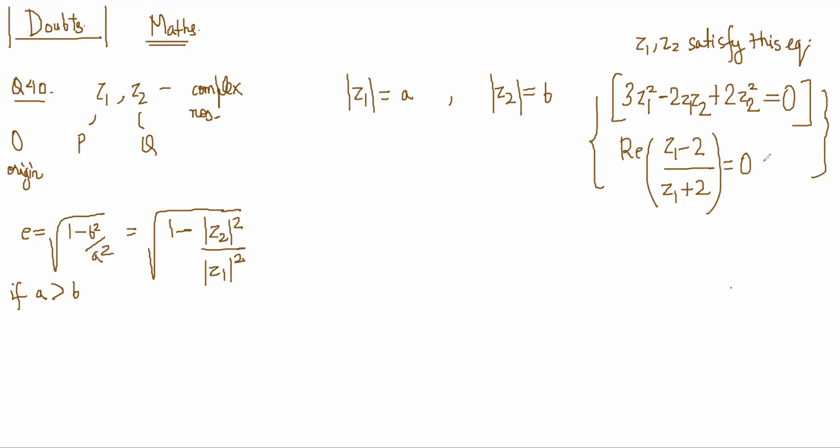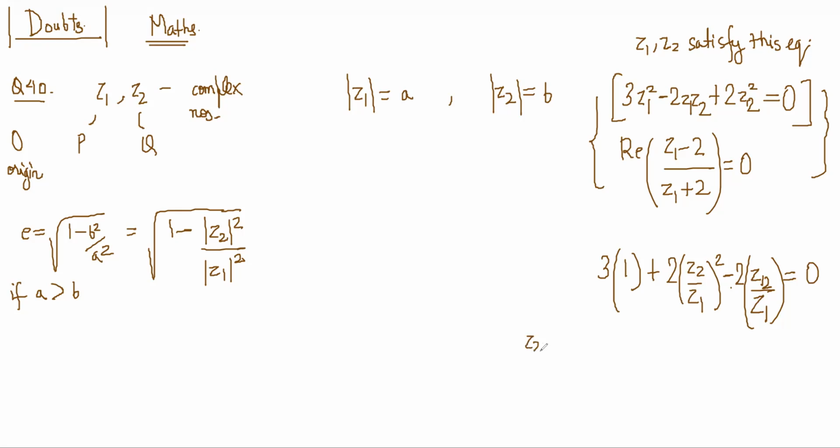So divide by z1 square here. It becomes 3 times 1 plus 2 times (z2 by z1) whole square minus 2 times z2 by z1 is equal to 0. It's a quadratic in z2 by z1, right?